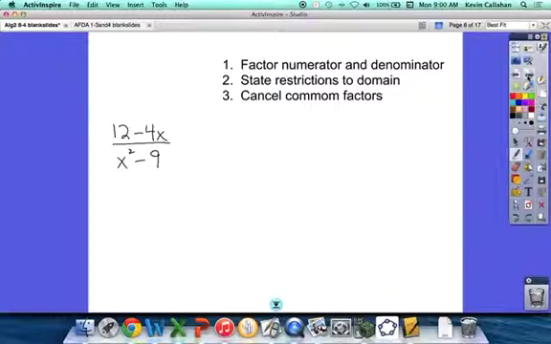How would I factor the numerator? What's the common factor between 12 and 4x? 4. Doesn't 4 go into 12? So if you factor out a 4, you have 3 minus x. Okay, and then x squared minus 9. That's a particular kind of factoring. Do you remember what we call it?